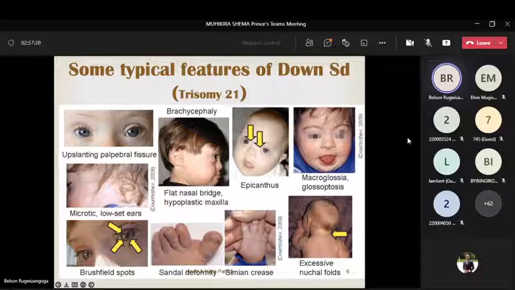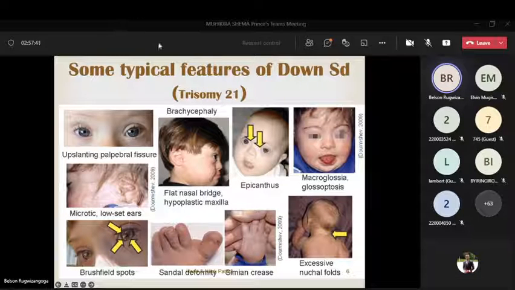So these are signs, but it doesn't mean every person with trisomy 21 will have all of them. Some will have a few of them, others will have all of them. Another thing, as you learn in genetics, is what we call penetrance and other terms.